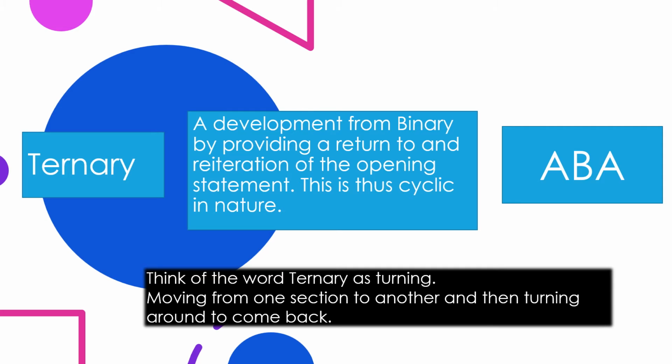Think of the word ternary as turning: we're moving from one section to another and then turning back round and coming back to the beginning. So hopefully that makes sense. A is our first section, B contrasts A, and then we return back to A for our original phrase or motif.